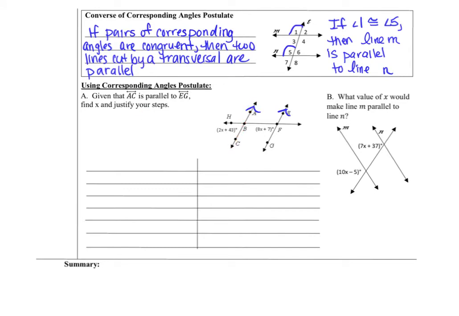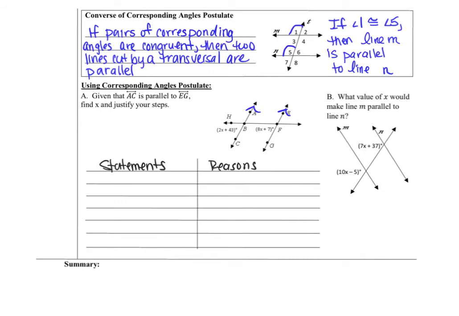So if these two lines are parallel, that is going to make HF, which is this line, the transversal. So you can see we're going to be doing this in the format of a 2-column proof. So on the left-hand side, we have our statements, and on the right-hand side, we have our reasons.